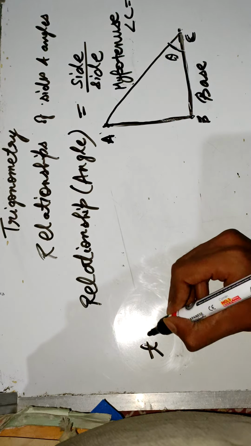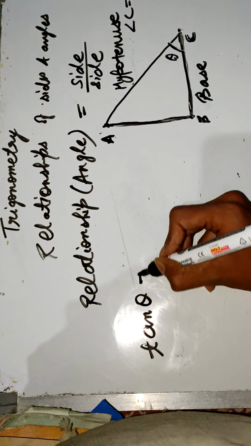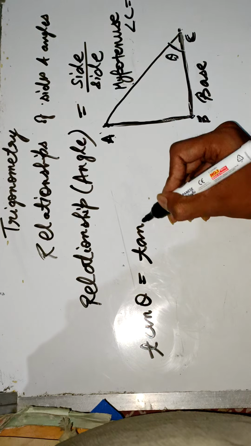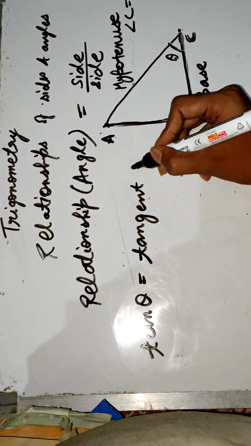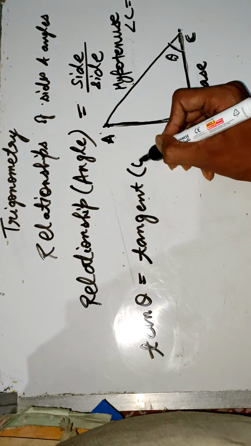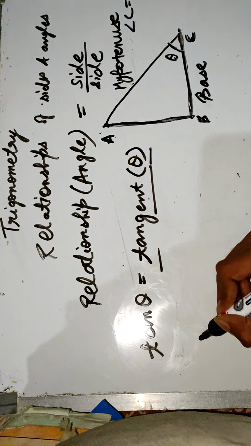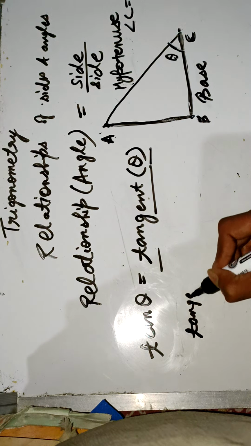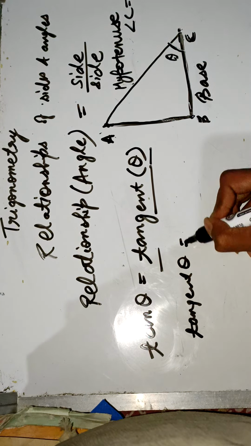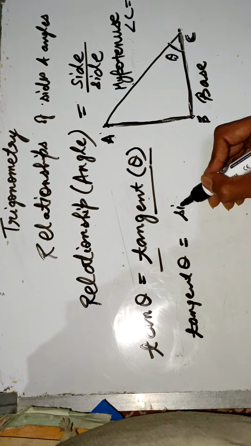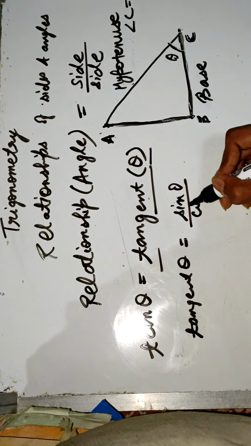Let us talk about tan first. Tan is basically the tangent. It is a relationship between sides and angles. Now what is tangent here? The tangent theta is basically the ratio of sine theta and cos theta.